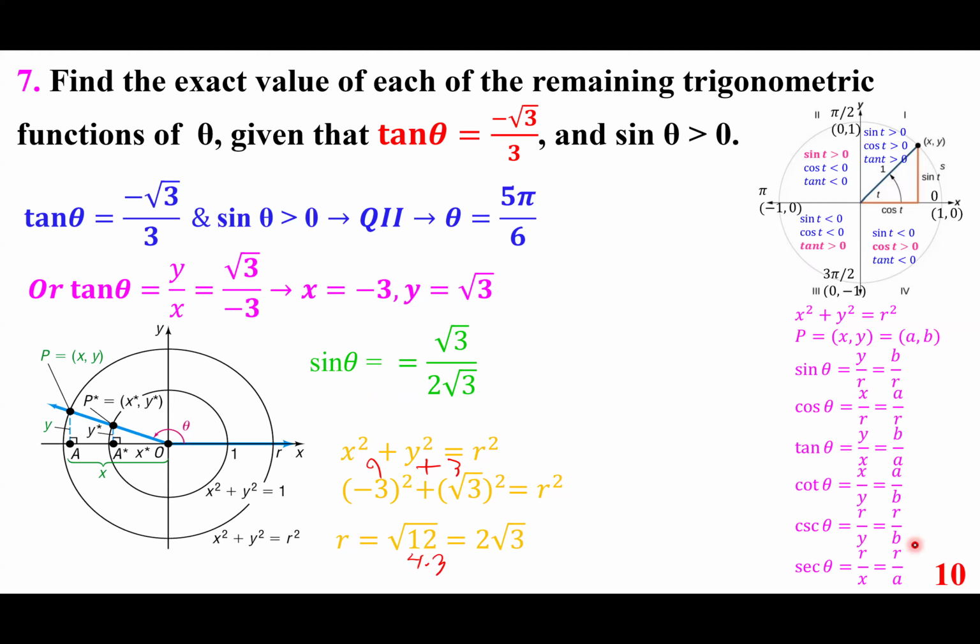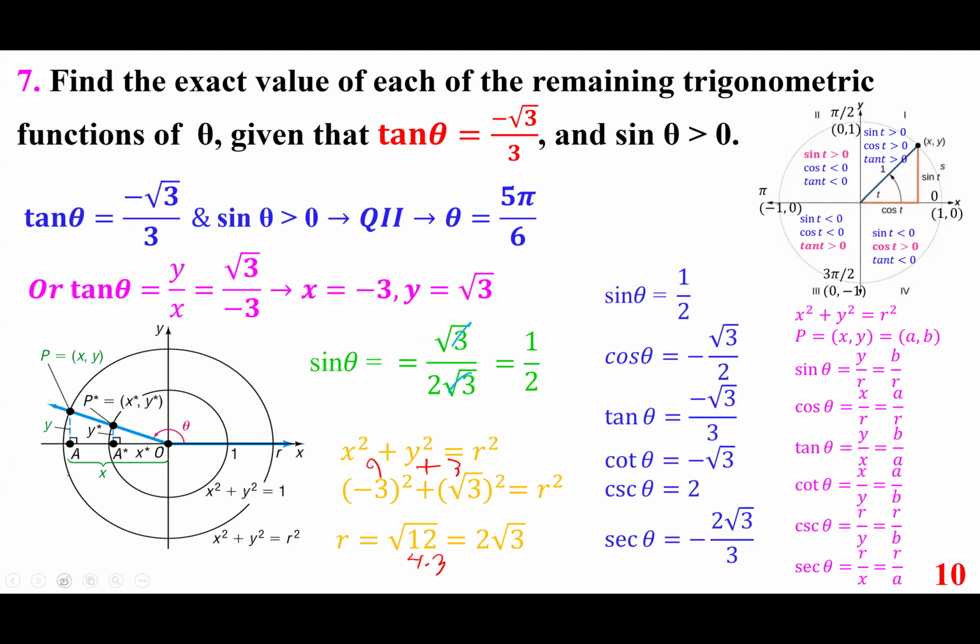Sine would be y over r, which is square root of 3 over r, and these two cancel each other. You get 1/2, and you can figure out the rest. I'm going to leave them for you to figure out. If sine is 1/2, cosine is x, negative 3 over r, 2 square root of 3, and then rationalize it.